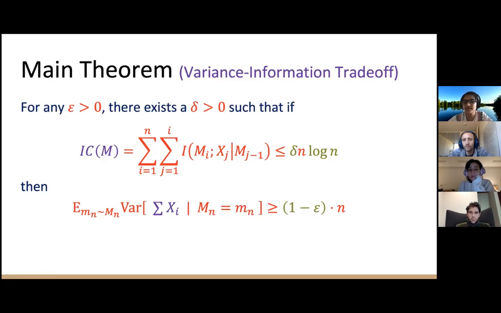So the expectation of the sum given the output should be close to 0, but this is not the case when you are conditioning on the input stream, conditioning on the fact that the sum is always greater than or equal to 0. The expectation of the sum of xi conditioned on the sum of xi being greater than 0 is a constant times square root n, which clearly does not satisfy this property.